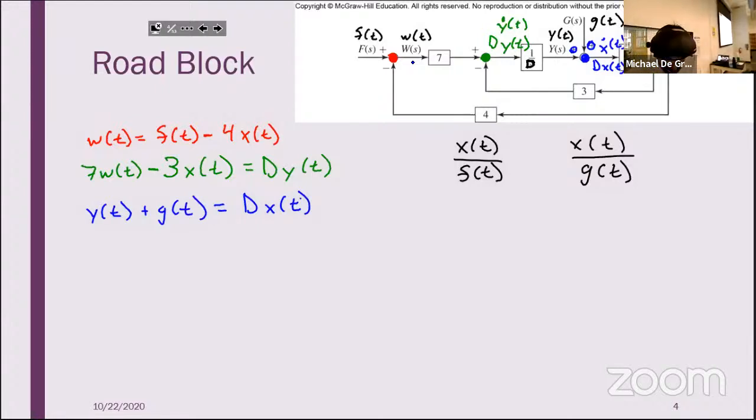So we're going to take that third equation, the blue one, I'm sorry, the green one.